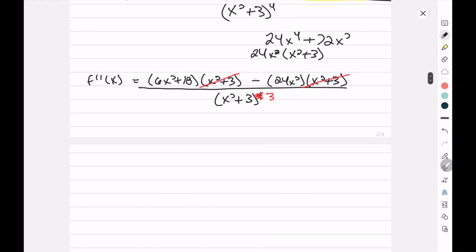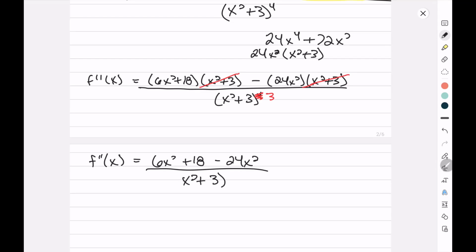And if we take the minus and put it on the positive 24x squared, we get a 6x squared plus 18 minus 24x squared all over x squared plus 3 to the 3rd power.